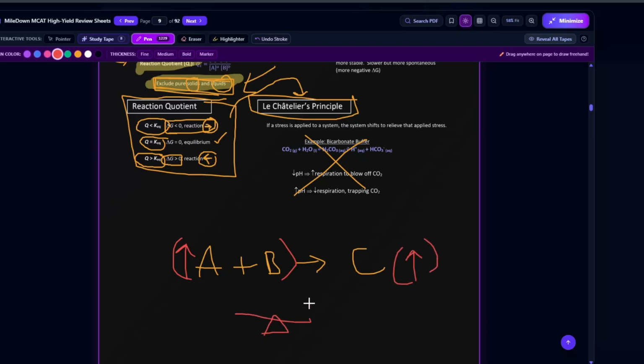It's like a seesaw, right? If I have a lot here but very little there, the reaction is going to start to shift rightward so that it would be equal, like a seesaw. And the opposite is true for shifting the reaction left.